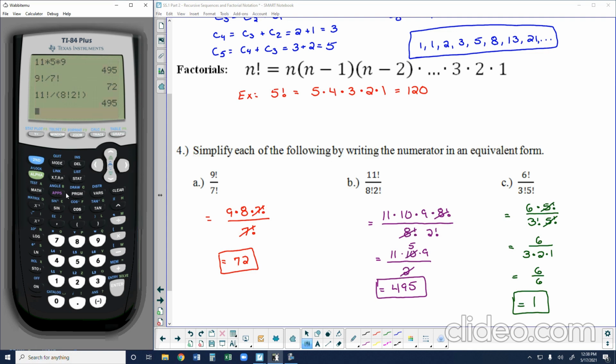So we can see here that that's 495. Now, if I were not to have the parentheses there, let's pull those parentheses out, and you can see that it's going to actually take divided by 8 factorial and then times 2 factorial, not the correct answer. So if you use the calculator to input these as well, which we will in the future, be careful with your input method.